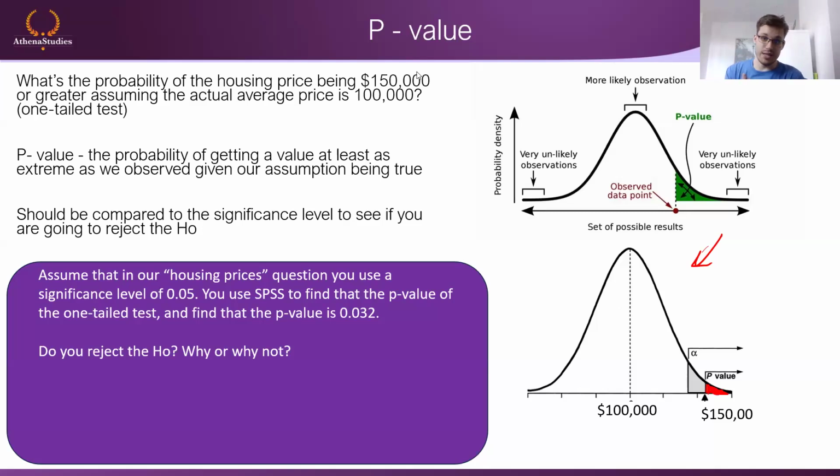What is the probability that my research is going to say the average is not 100,000, but I was wrong, and the actual true average is still 100,000? That's the probability that I'm asking myself, and that is the p-value.